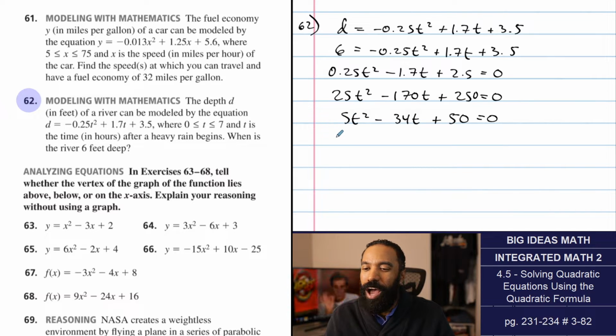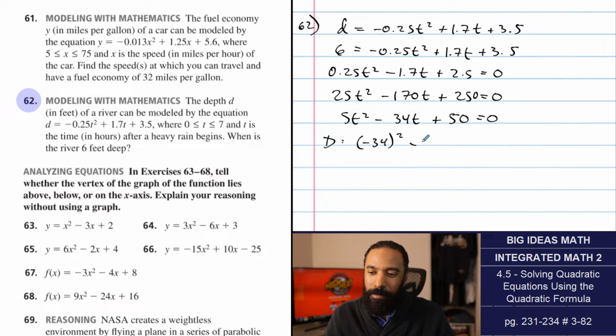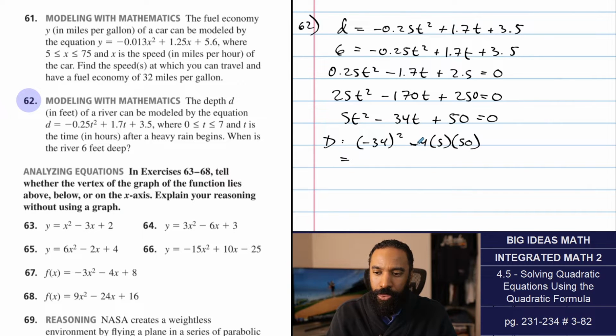Discriminant: b squared minus 4ac. All right, let's see. 34 squared is 1156, minus 4 times 5, 20 times 50, minus 1,000.